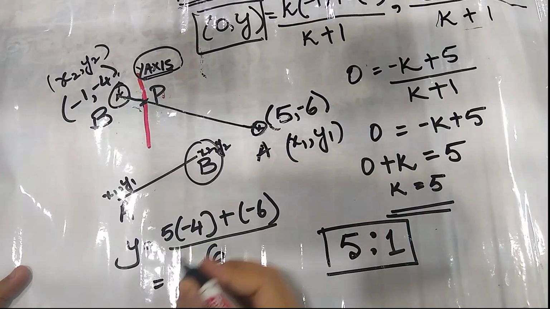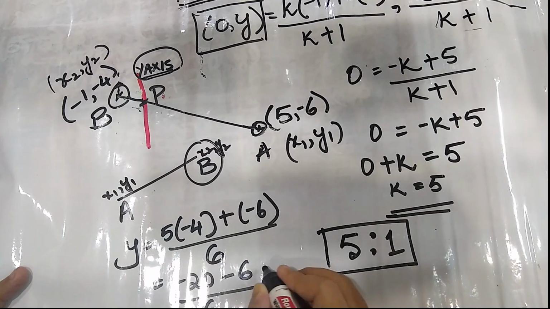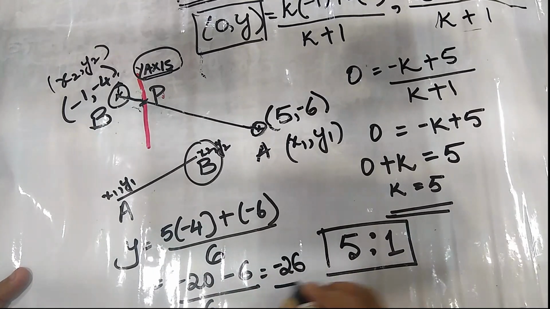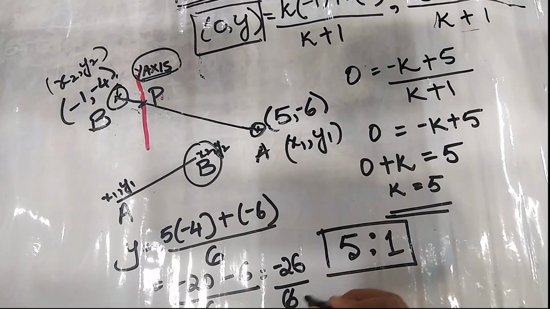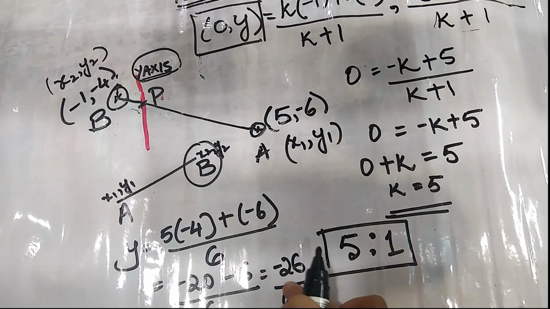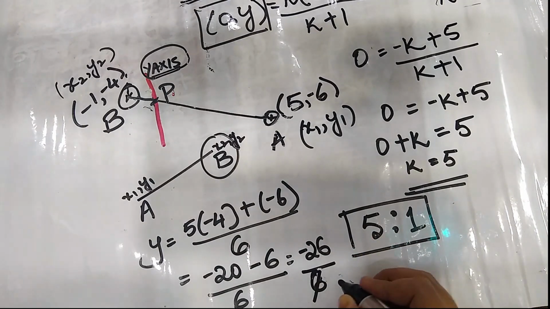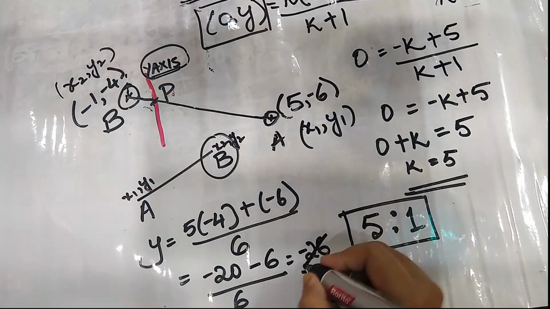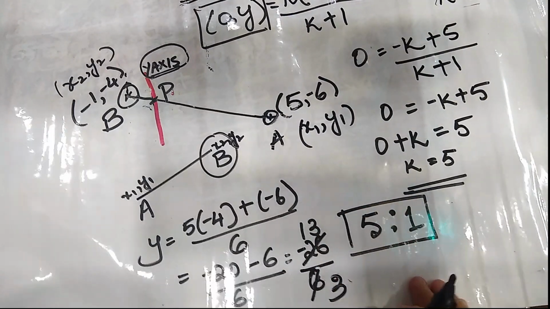So you get 5 4s are 20, which is -20, minus 6 divided by 6, which is -26 divided by 6. If you solve this further, 2 3s are 6. 2 1s are 2, 2 3s are 6. Yeah, you can't go further.